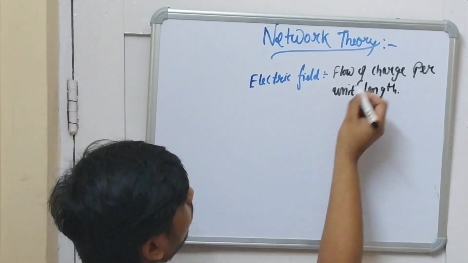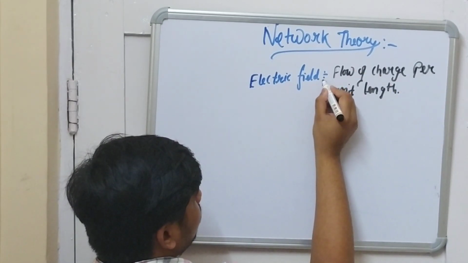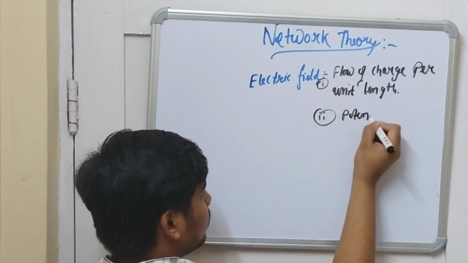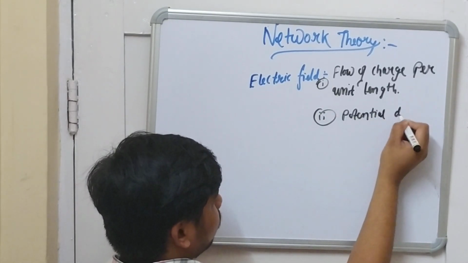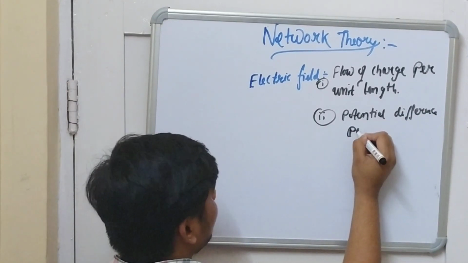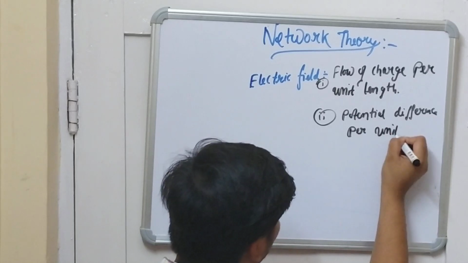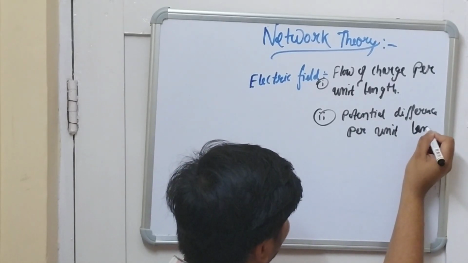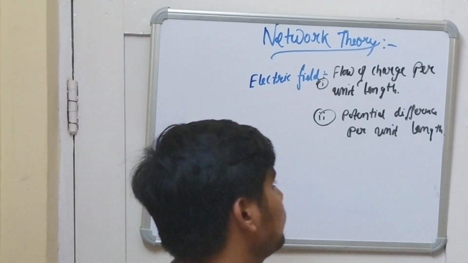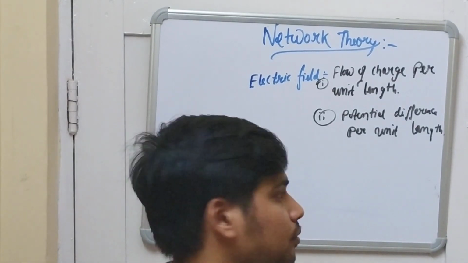Okay, one more definition is there. This is number 1. The second one is potential difference per unit length. Flow of charge per unit length or potential difference per unit length.